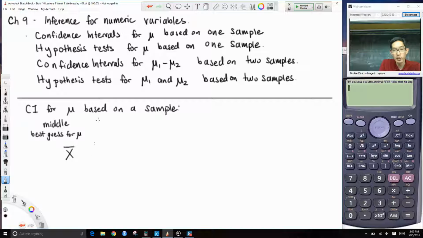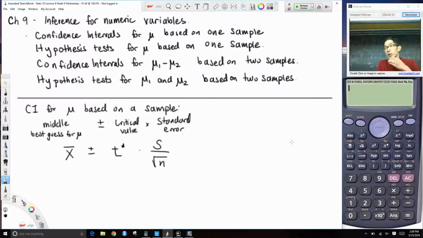X bar, right? Then we go plus or minus a critical value times our standard error. Our critical value is going to be t star, and our standard error is going to be s over the square root of n.